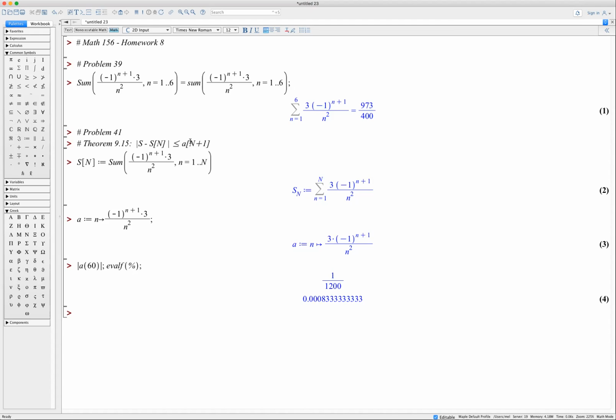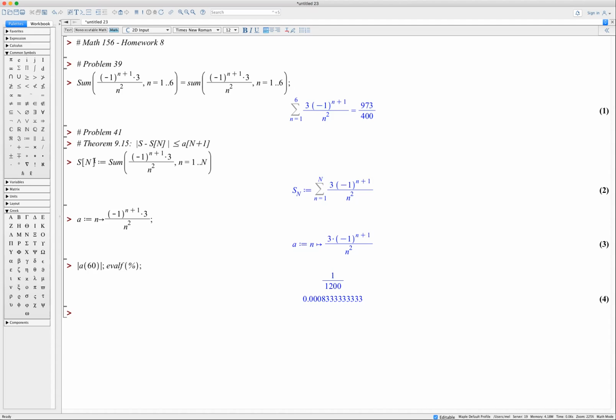And the theorem says that the true infinite convergent series, the limit of the series, minus the partial sum of the first n terms, is less than the n plus first term.